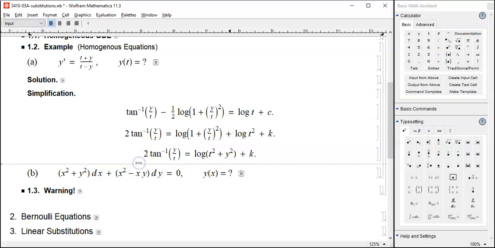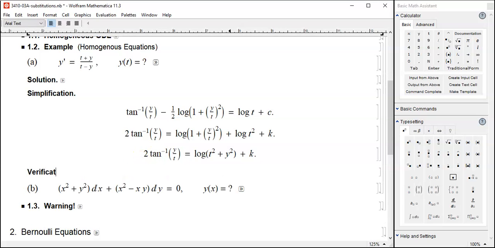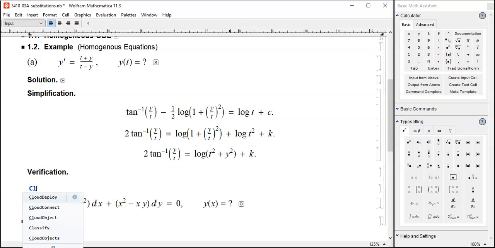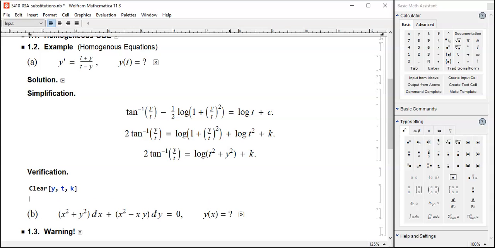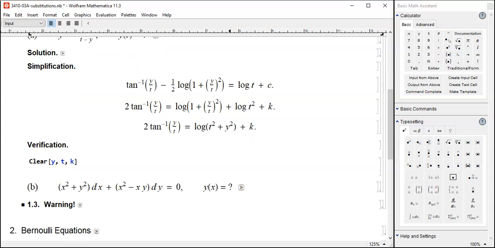Okay, all right. Okay, we're using computer algebra systems, so why don't we take one more step and do some verification as well? Let's clear some variables. It's always a good idea to clear all those variables before starting anything. And then I don't have an explicit definition of y, so let's use this one right away.